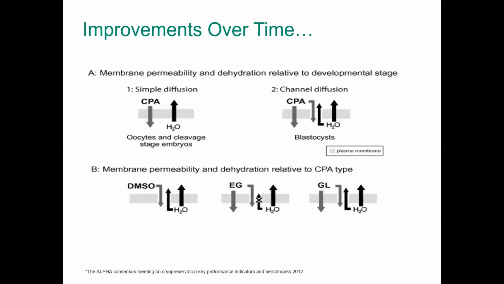And the method of permeating is also different. Every cryoprotectant has a different mechanism to enter the cell. Some of them enter faster, some by simple diffusion, and some have to go through channels.